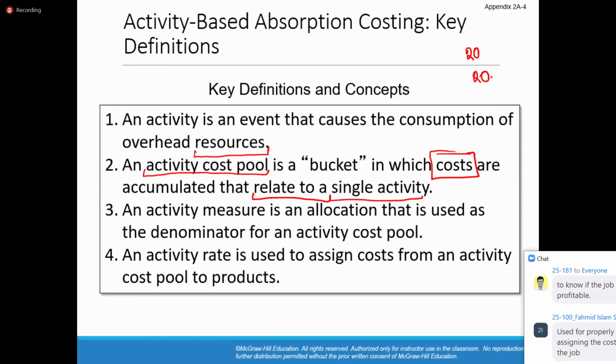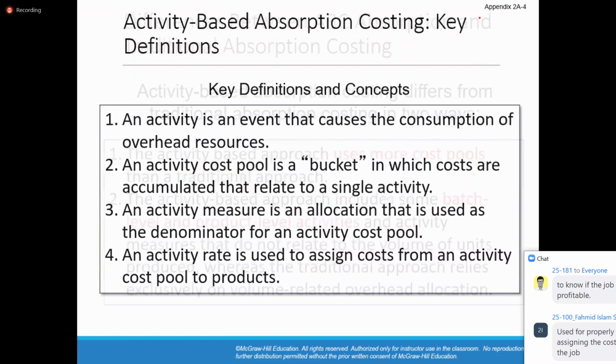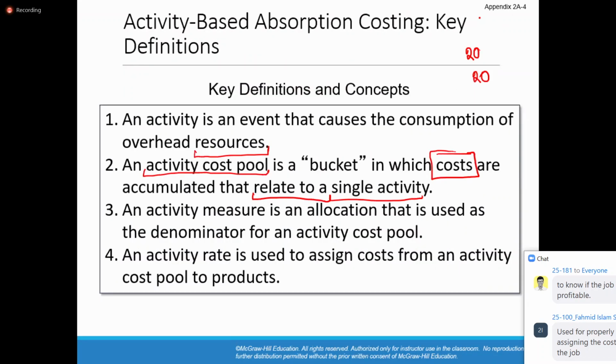Okay. So in that case, you need to divide the setup overhead cost by this number. This number is an example of an activity measure. And when you divide the total setup cost, which is the total activity cost pool for the setting up of the machine, you are getting what?